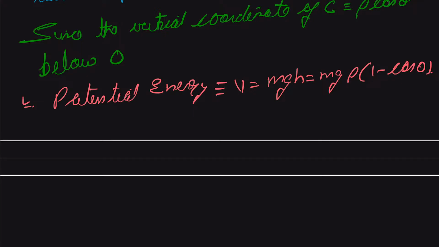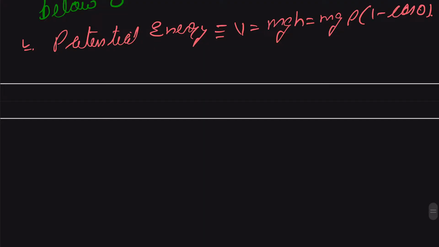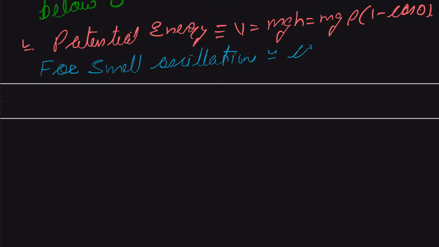And for small oscillations we can say that our cos of theta is approximately equal to 1 minus theta square upon 2.